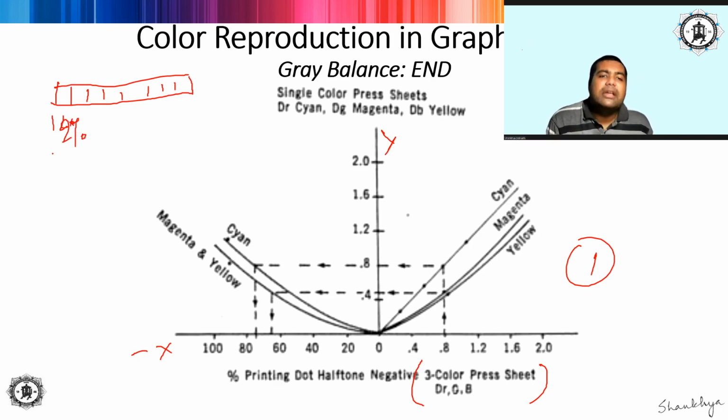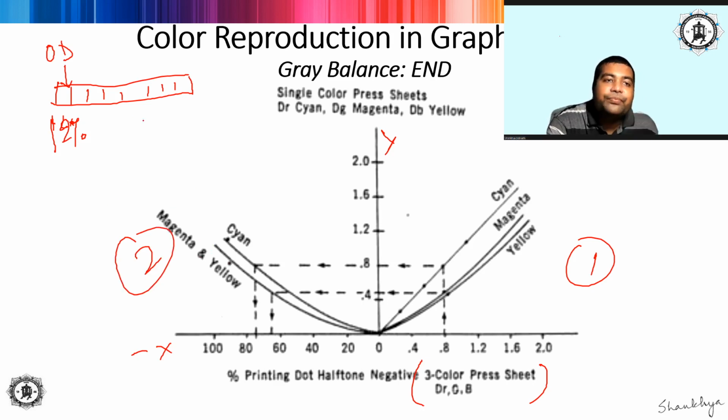We have measured it through our dot percentage reader, and then what is the corresponding optical density of this particular 12% color patch, right? This we can obtain, we have to compare it and plot those points in this second quadrant. Then we have to repeat the experiment for the cyan patch, for the magenta patch as well as for the yellow patch.